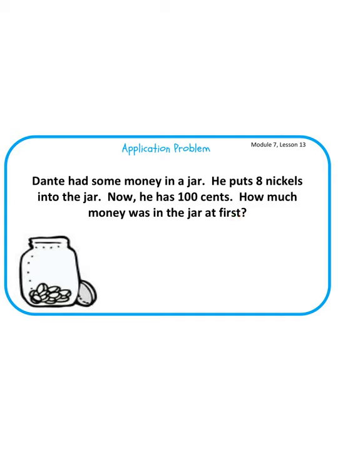So let's read it one more time a little more carefully. Dante had some money in a jar, but we don't know how much money he had. He puts 8 nickels into the jar. Now he has 100 cents. How much money was in the jar at first? So let's imagine it. He has some money in a jar. We don't know how much.